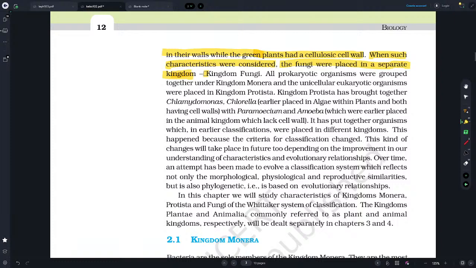Two points to be remembered: they lack a cell wall, and they can survive without oxygen. Of course, the third point is smallest living cells. And a fourth point you should remember is that they are pathogenic in animals and plants, at least most of them. I believe the size was 0.3 to 5 micrometers, but I'll check.